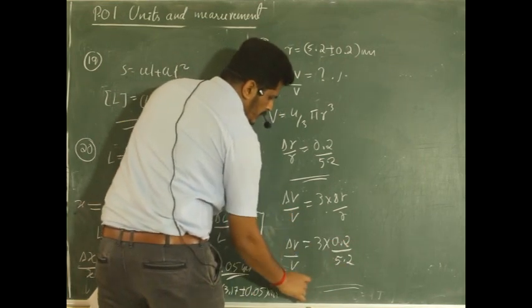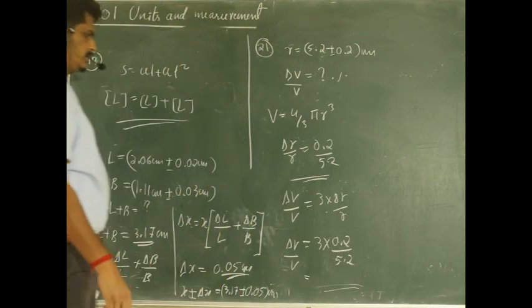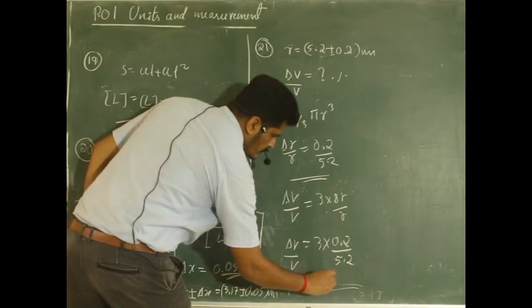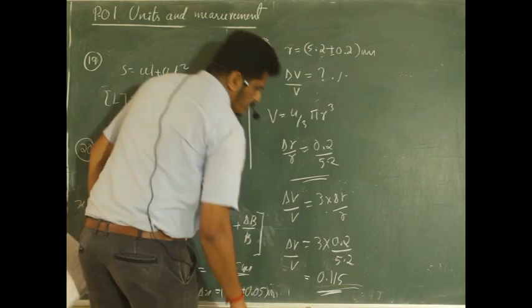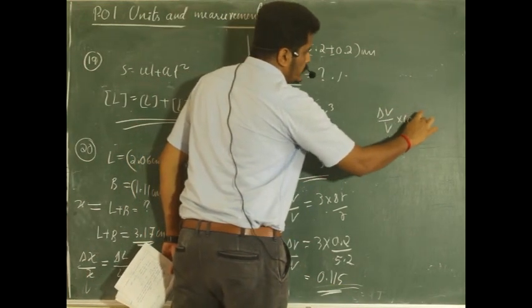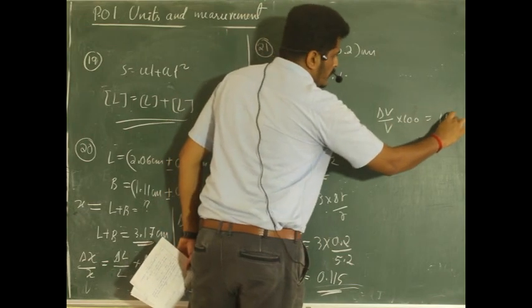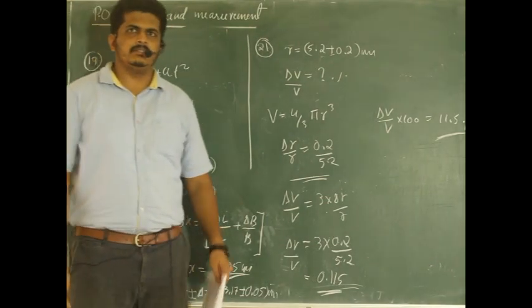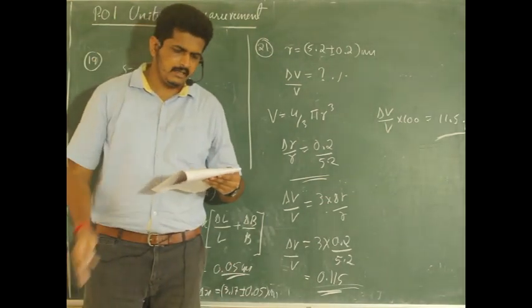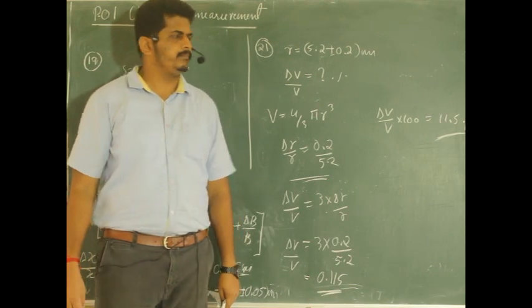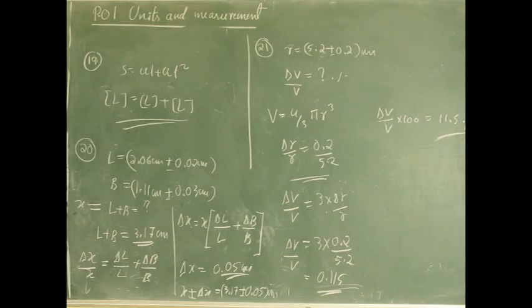When you multiply this, you get the answer somewhere around 0.115. So when you want to write that in percentage, delta V by V into 100 is equal to 11.5%. So 11.5 is the answer, and the nearby answer there is approximately 11%. Okay, that is the 21st question.